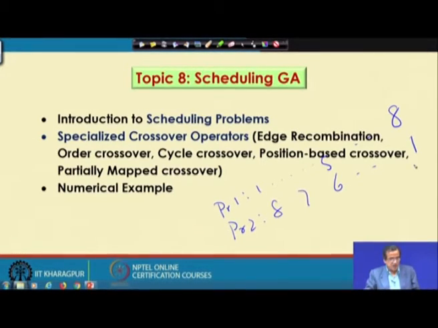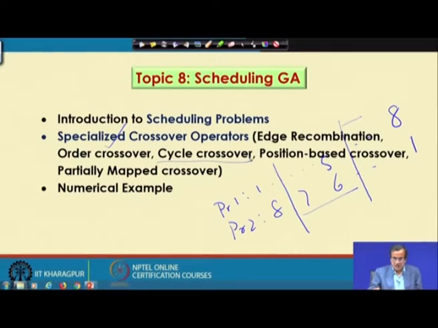So, in this order crossover, we try to select two crossover sites at random, and to get the children solution, something we copy directly from the parent and the rest of the things we take from the other parent. So, this method we follow, and this I have already discussed in much more details with the help of some example, that is the principle of order crossover.